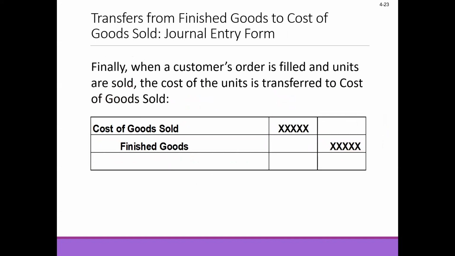So basically, this is the ultimate goal, is to sell these products that we are in fact manufacturing.